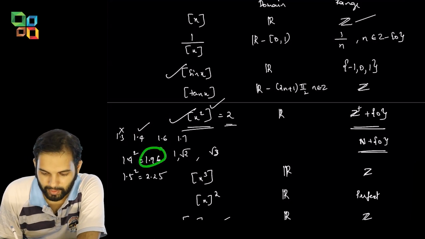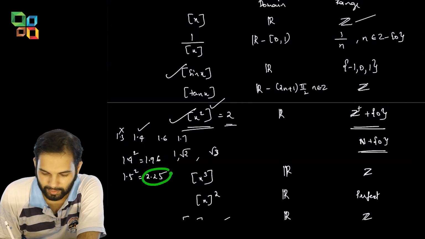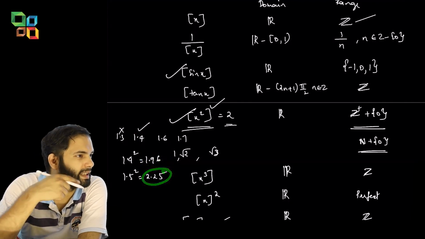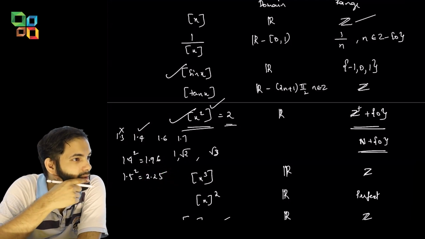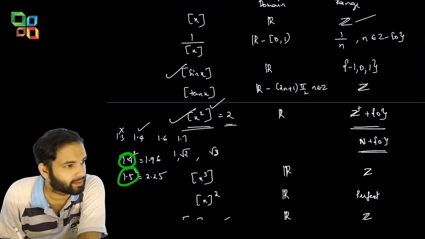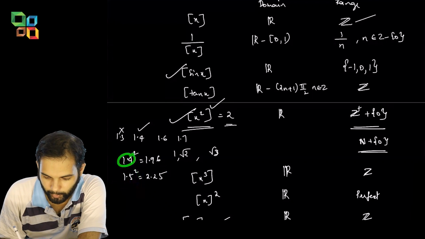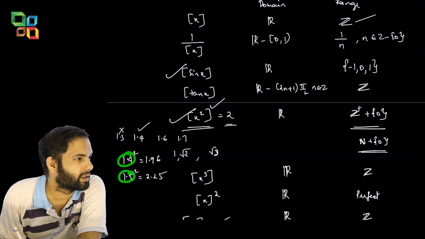So what is the integer part of this? 1. What is the integer part of this? 2. But when does it change from 1 to 2? No, this is your x. So your x is 1.4 or 1.5. In between 1.4 and 1.5, it's changing. But where is it changing?